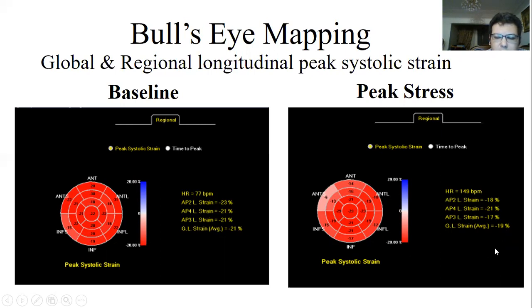The more negative the value, the more shortening. So -21 is much better than -19. And we can appreciate here the significant reduction in the longitudinal systolic strain values in the territory of the LAD, in the basal and the mid anterior septum specifically, and also at the basal and mid anterior wall.